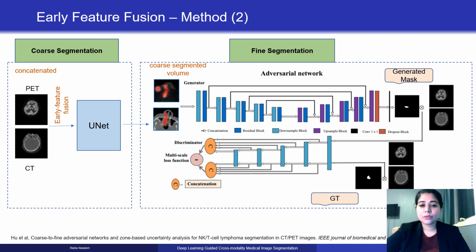Then the coarse segmented volume was provided to an adversarial network in the fine segmentation stage, where the generator generates a mask, and this generated mask is compared with the ground truth by the discriminator, and the discriminator decides if the generated mask comes from real distribution or fake distribution. Based on this, the network is optimized.